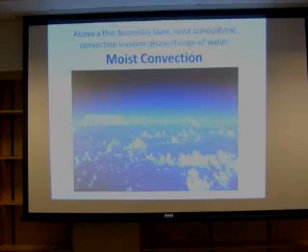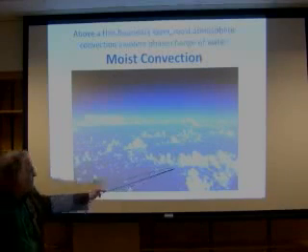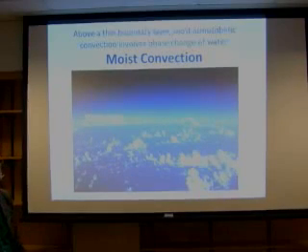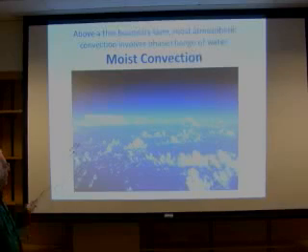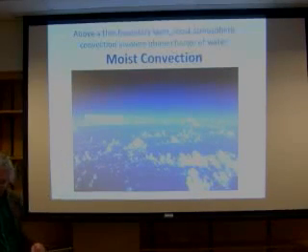There's a whole spectrum of them in this photograph, ranging from very shallow, tiny cumulus clouds up to trade cumulus or cumulus mediocris, all the way up to cumulonimbus clouds, which are strongly precipitating and can extend all the way up to the tropopause. So we have this whole spectrum of clouds.